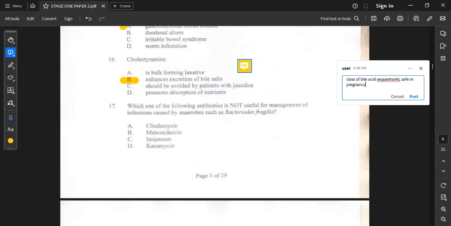Formation of what? Atherosclerotic plaque. Okay. Atherosclerosis is formed when there's an increase... a minute, wait.